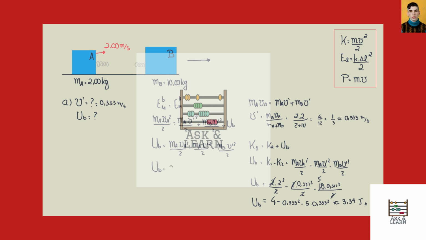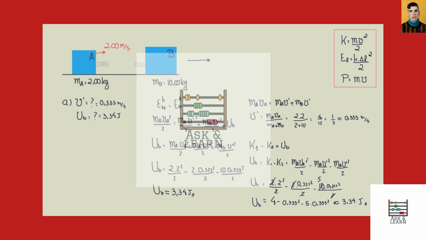So mA is equal to 2, vA is 2, then we divide by 2, now we have mA again, which is 2, v prime, which is 0.333 squared, divided by 2, minus mB, which is 10, times v prime, 0.333 squared, divided by 2. By solving this, we get a potential energy of approximately 3.34 joules. And this is the answer to the first item of this question.